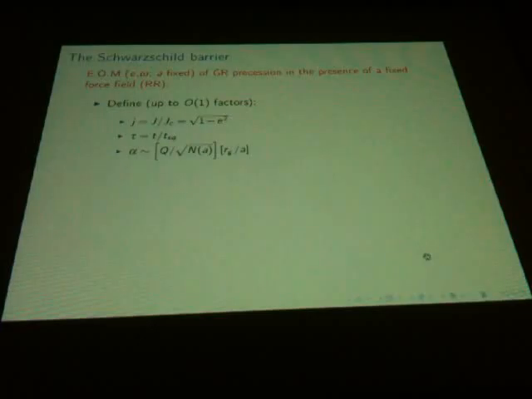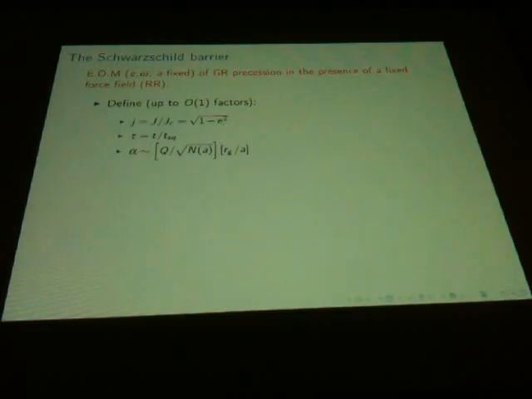Okay. So, one thing that we already had some clues about back in Paris last year, but now I think we know how to explain it better, is what is the origin of that Schwarzschild barrier. And a simple way, this can be derived in a somewhat more formal way, but I'm giving you the easier to explain and more intuitive version.